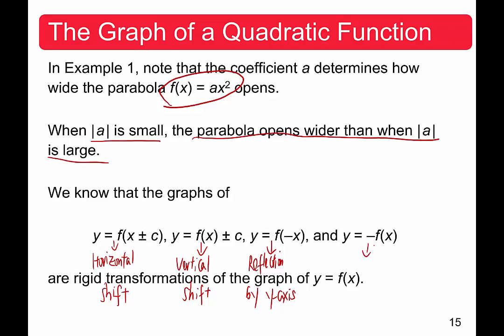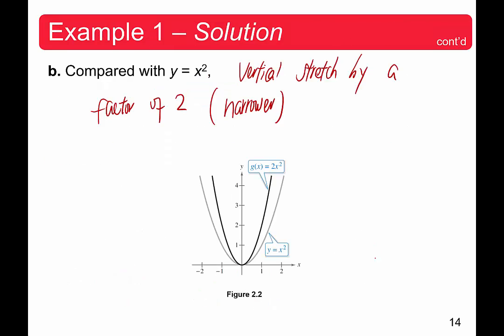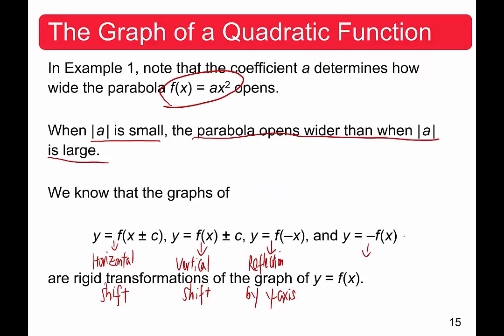The last one, when the y value becomes opposite, is a reflection about the x-axis. So if any of these transformations happens, we just apply the transformation. Then we can go from the parent function to our transformation function in the graph.